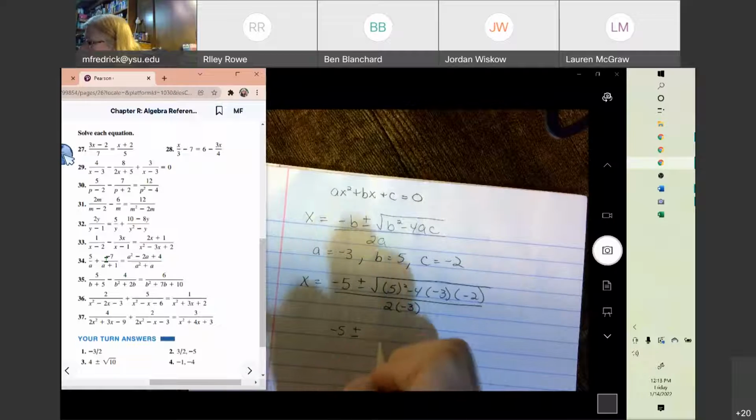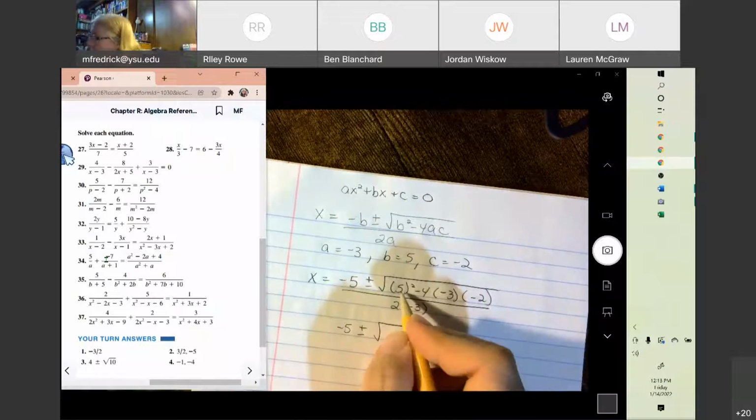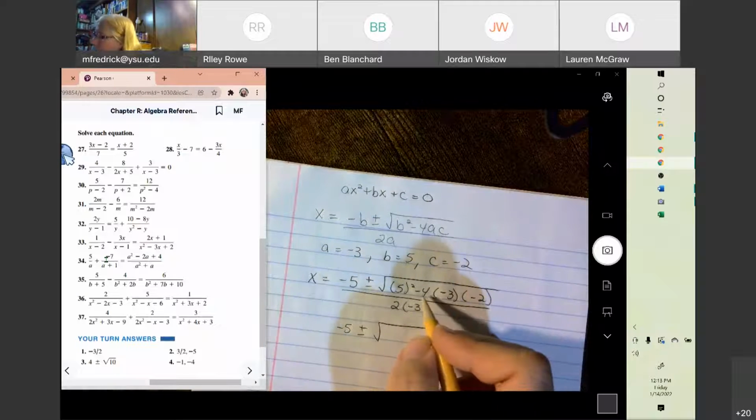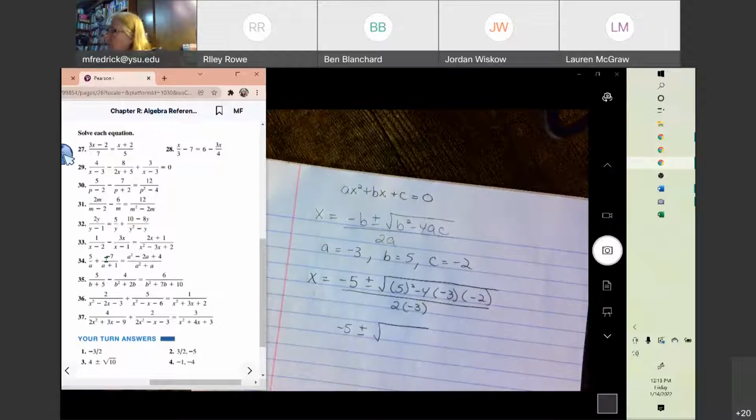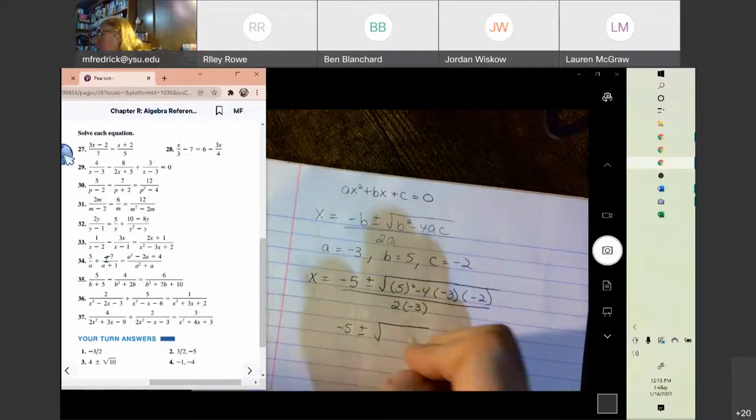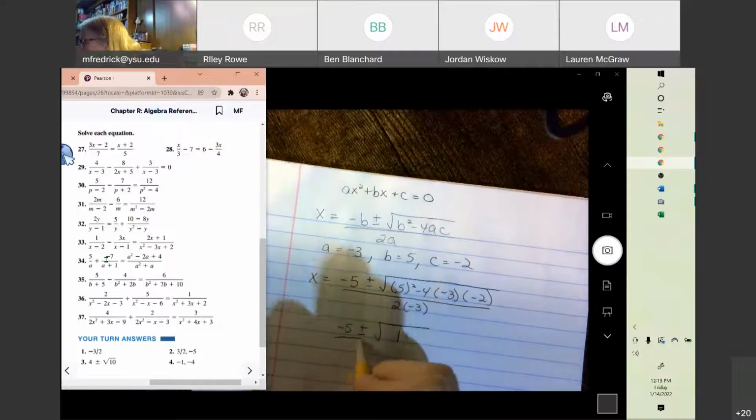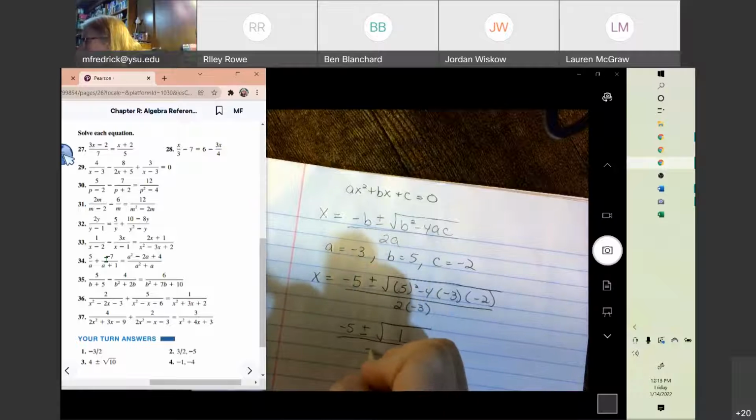-5 plus or minus the square root of 25 minus 24, squared. 4 times 3 times 2 is 24. 25 minus 24 is 1, over the -6.